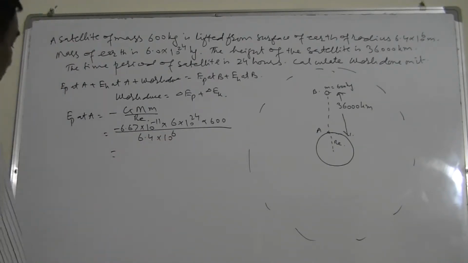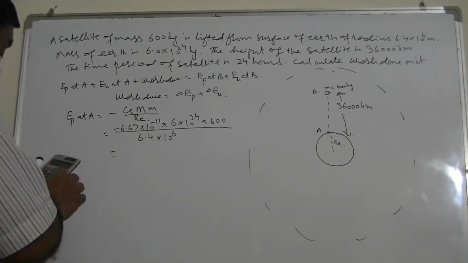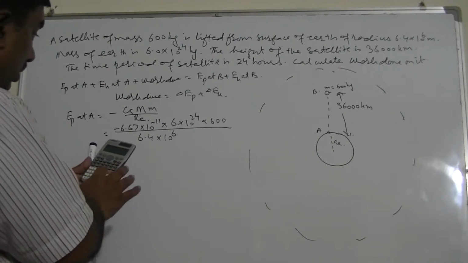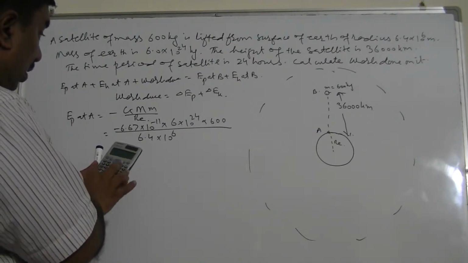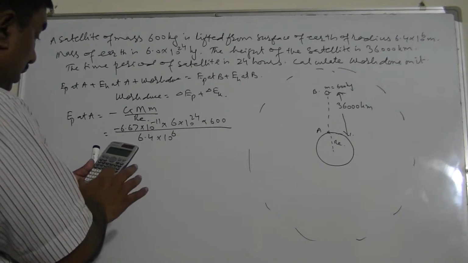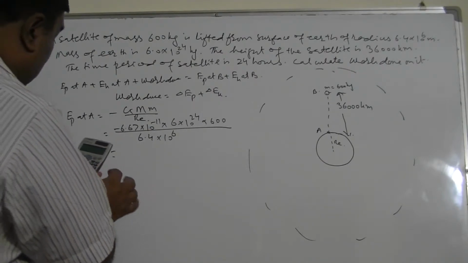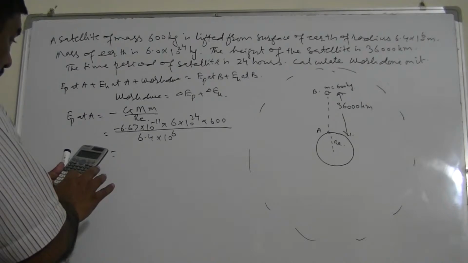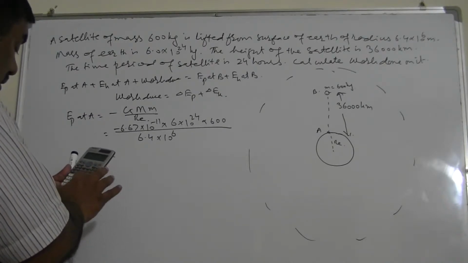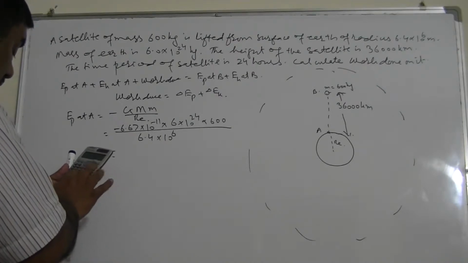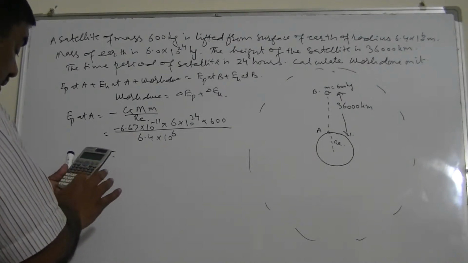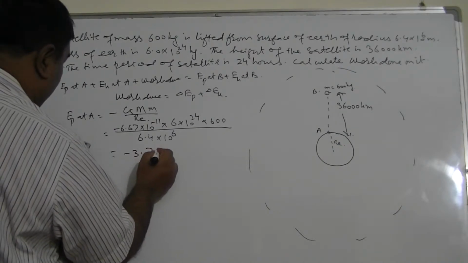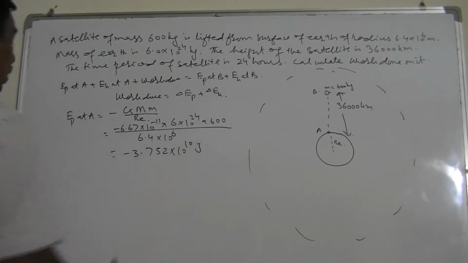Calculating, EP at A comes out to be minus 3.752 into 10 power 10 joules.